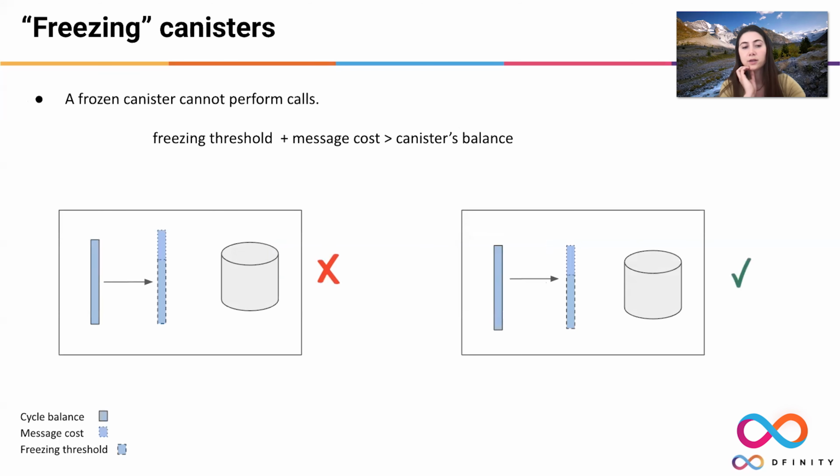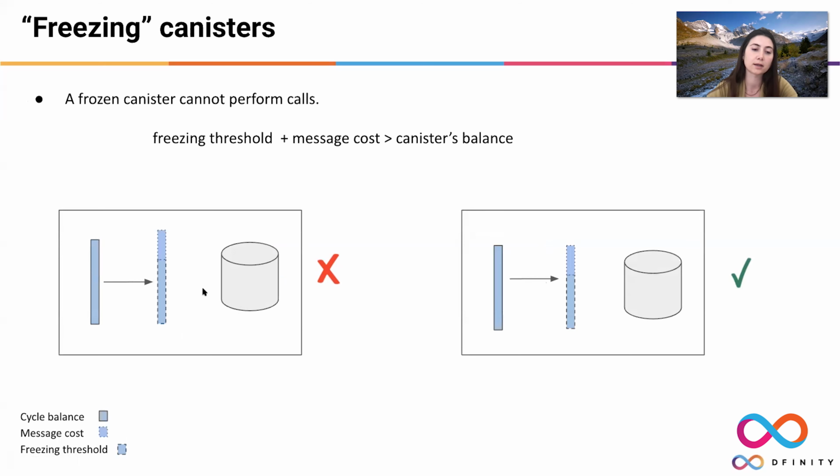A second scenario is when we have an active canister, one that wants to perform a call. The balance of the canister is still above the freezing threshold, but we see that we have two possible outcomes.